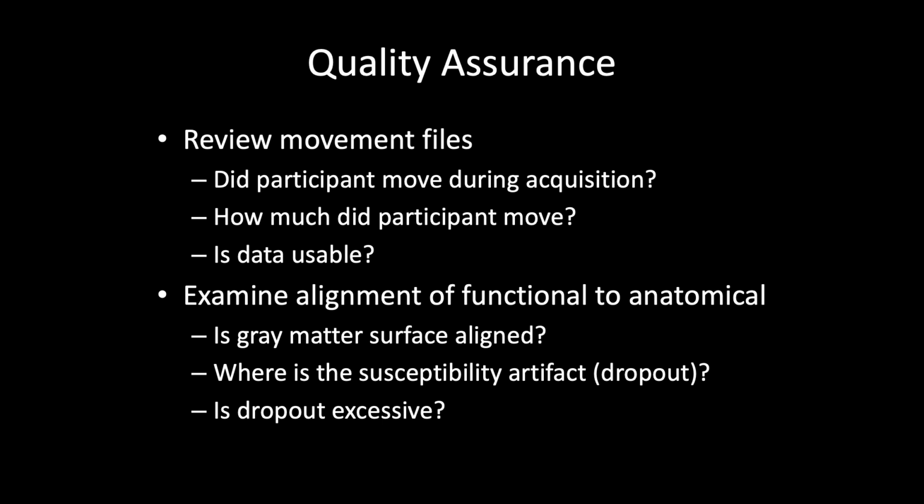So if you're doing healthy young adults, you would expect that they're not going to move a whole lot. But if you're doing kids or perhaps an elderly population, you may find that there's additional motion, and you have to decide how much motion you are willing to accept in allowing that person's data to pass through.